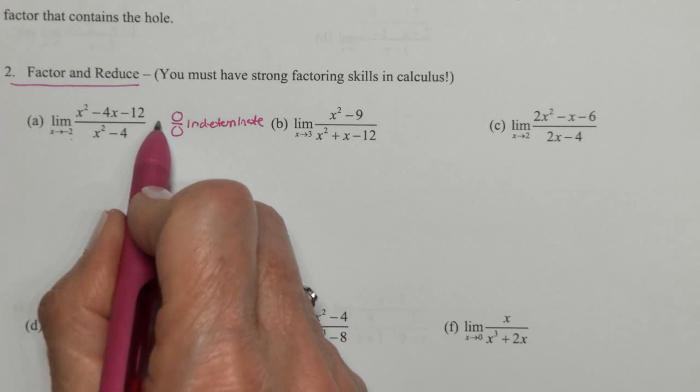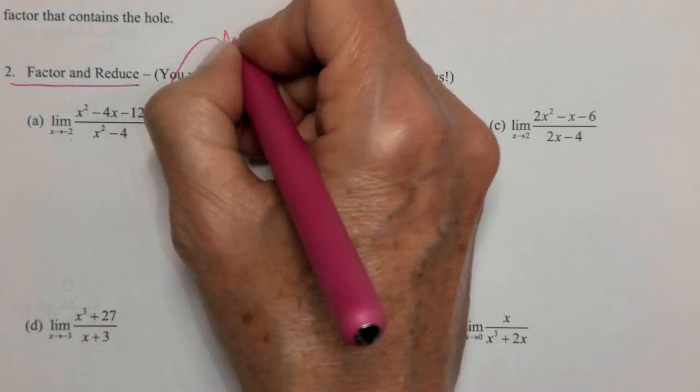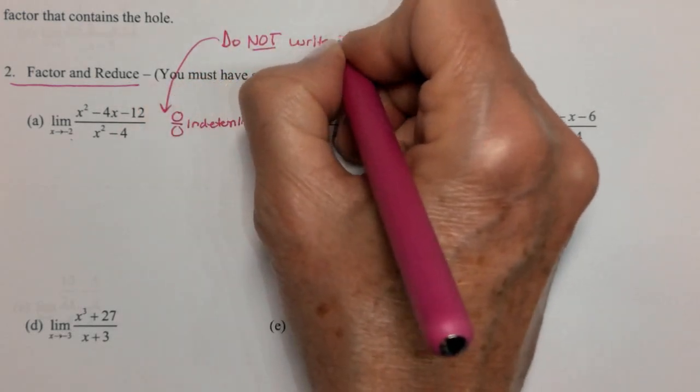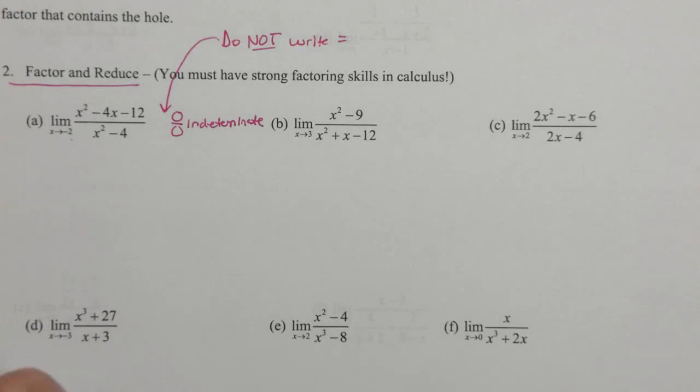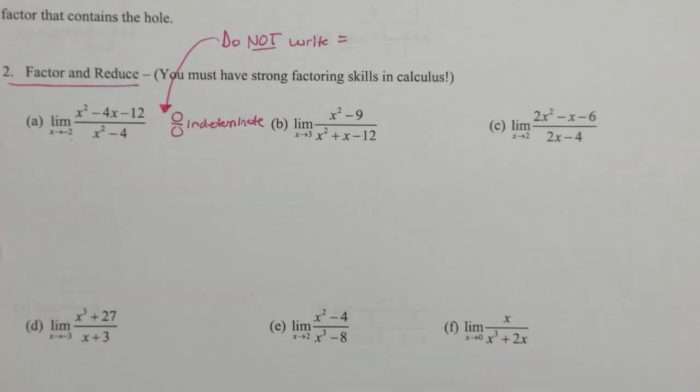Do not write equals here, okay? A limit is never equal to 0 over 0. You will not get full credit if you write an equal sign right there.